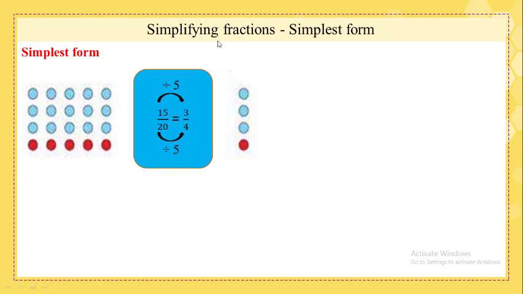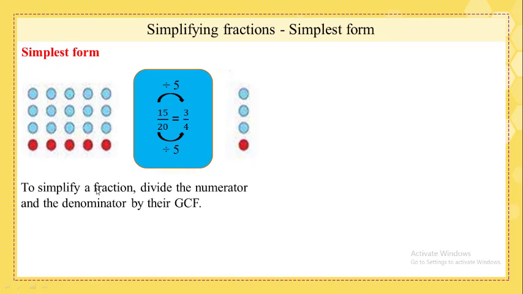Next, let's learn how to simplify fractions. Here in this figure, the fraction that represents the blue circles with respect to all circles is 15 over 20. To simplify a fraction, divide the numerator and the denominator by their GCF. The GCF of 15 and 20 is 5.